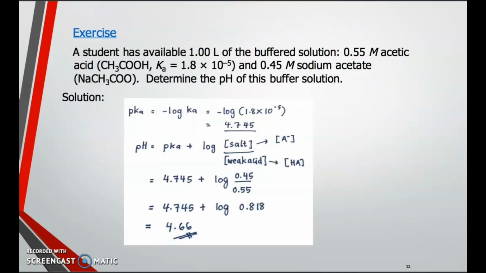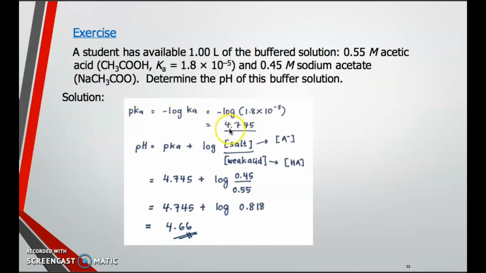Exercise. A student has available 1 liter of buffered solution: 0.55 molar acetic acid, and this is the Ka, and 0.45 molar sodium acetate. Determine the pH of this buffer solution. The first step, you need to find the pKa, negative log Ka.